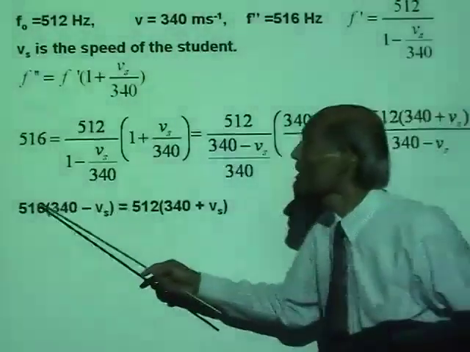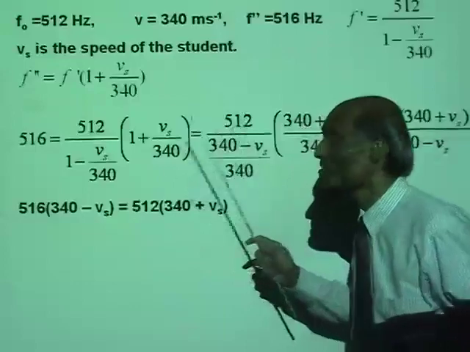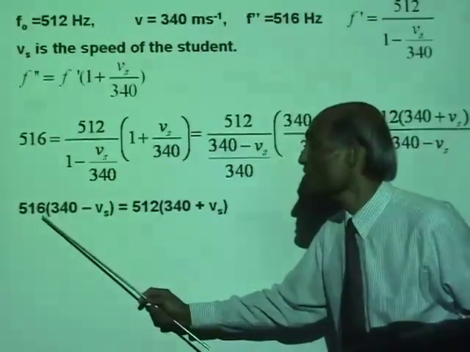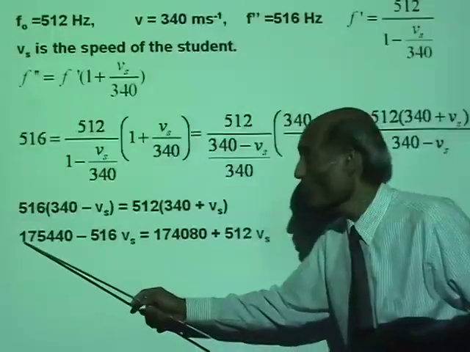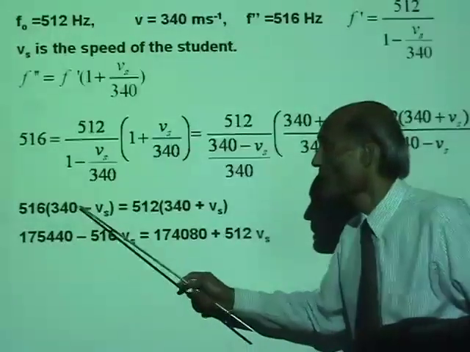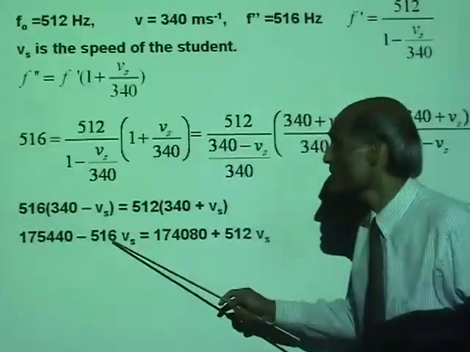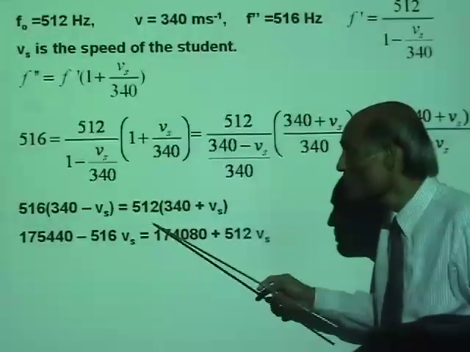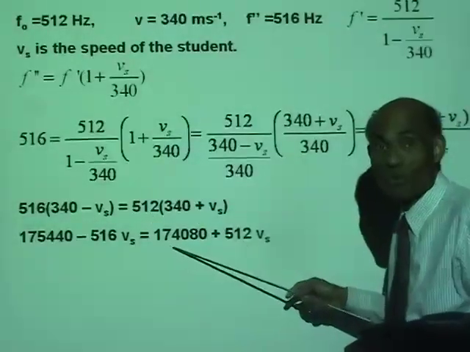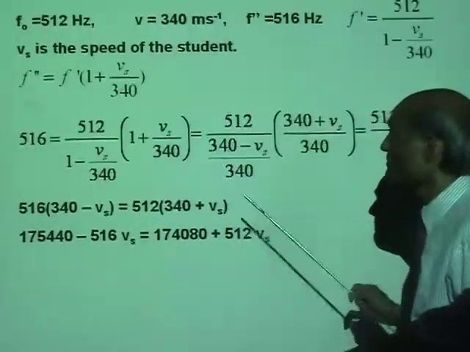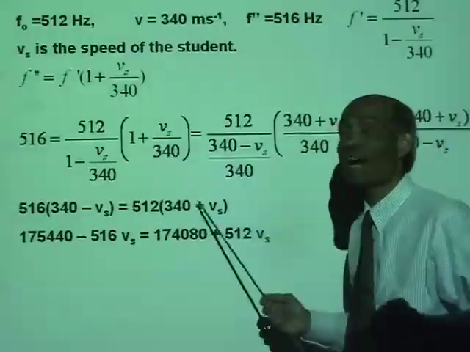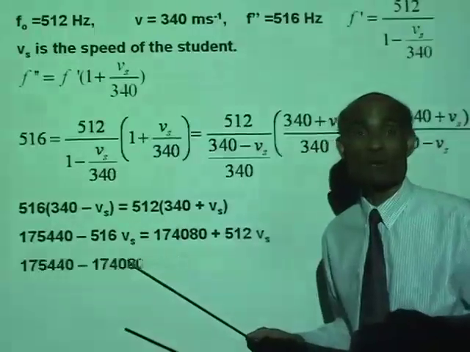And now we distribute and simplify. I have done these steps for you. Distribute 516 times 340 is this big number, minus 516 Vs equal to 512 times 340, this big number, plus 512 Vs. Well, this is now elementary algebra.